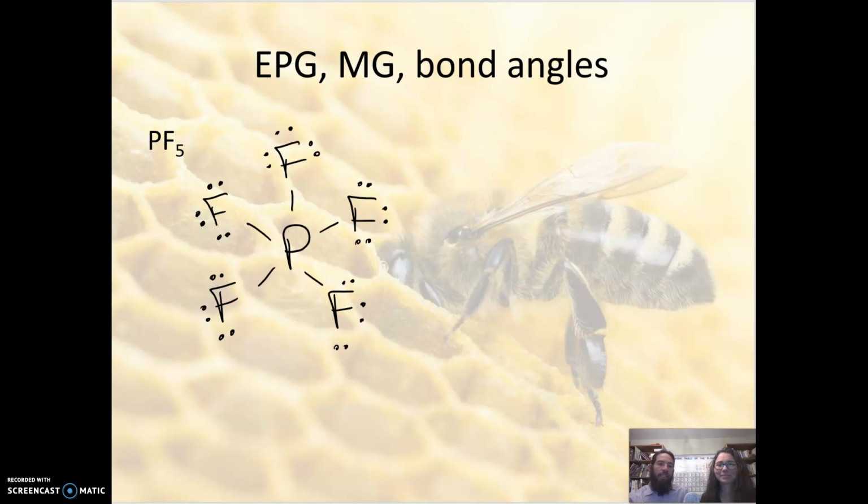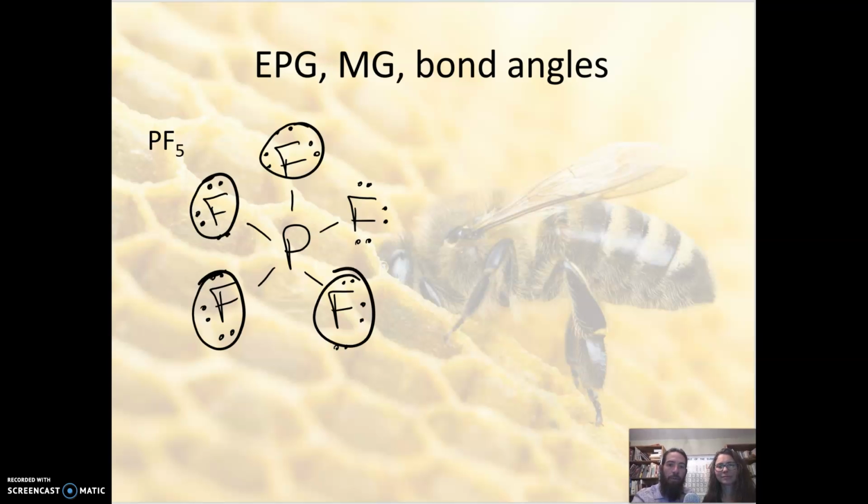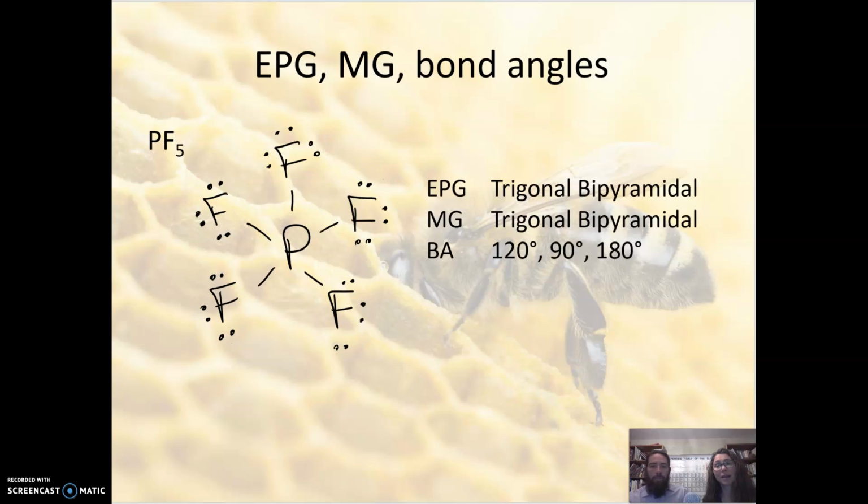Okay, here's another one. This is PF5, so I'm going to start out just by counting the domains. I've got 1, 2, 3, 4, 5 domains. 5 domains is a trigonal bipyramidal electron pair geometry. That's as far apart as those electrons can get.